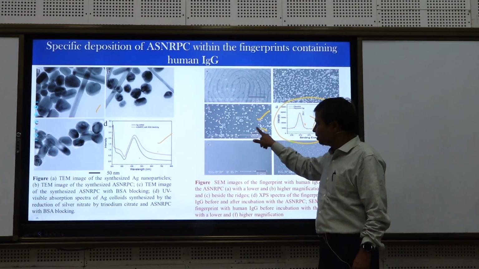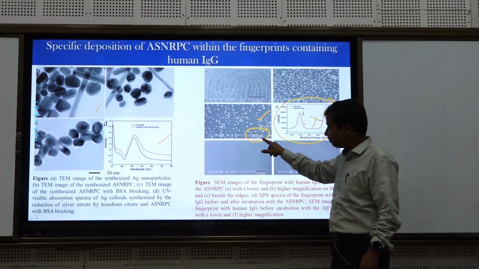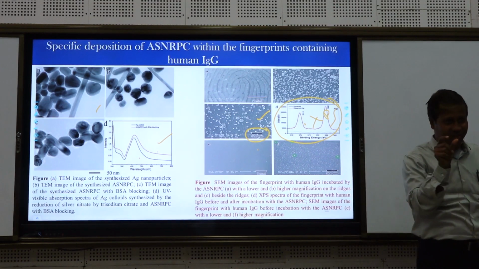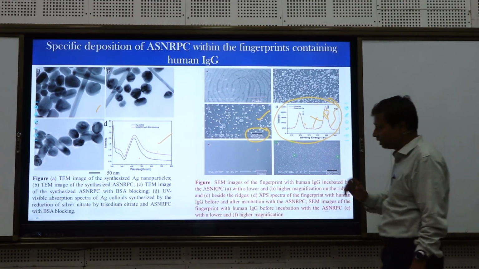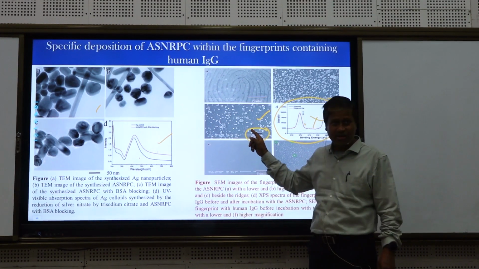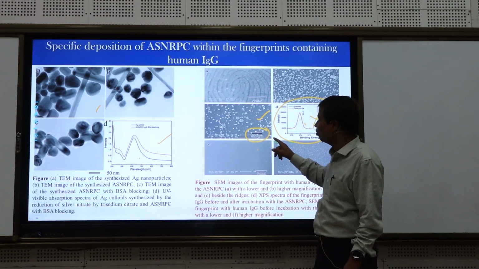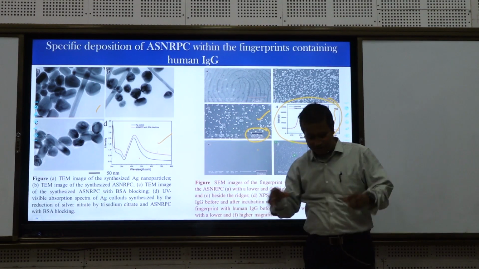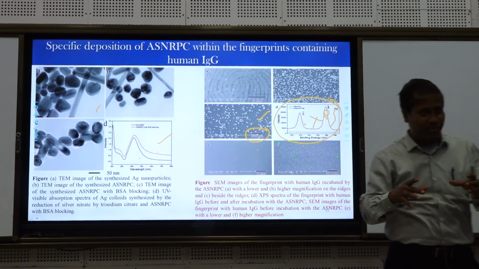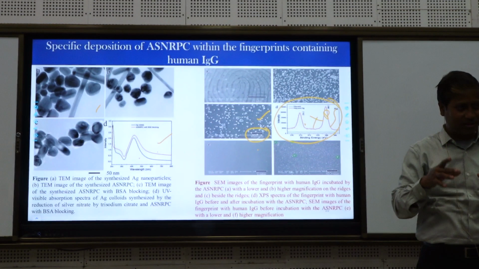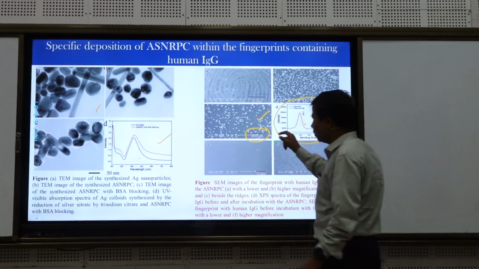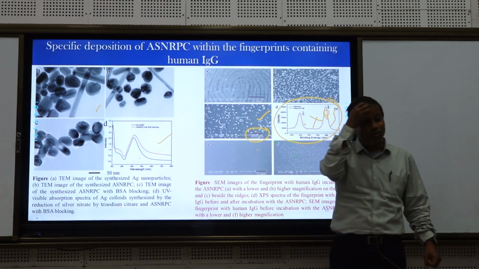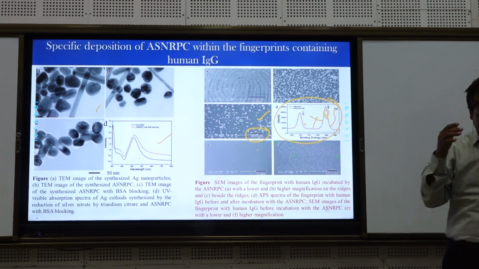Whenever you see an image, you must see this one. This is the bar. This is the length. What does it mean? Since you are students, this will be more important for you. It is an electron beam scattering image, so through that you can see even nanometer scale.